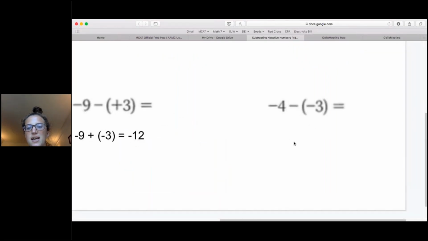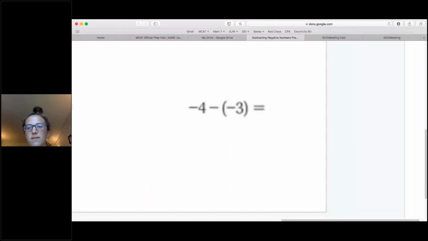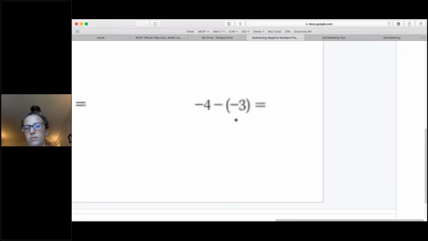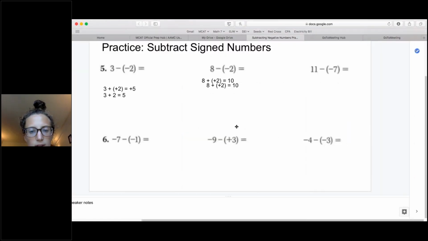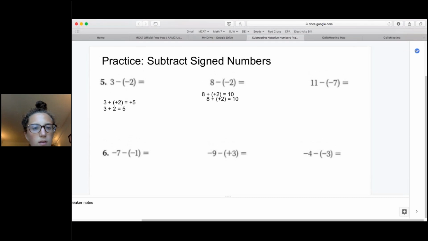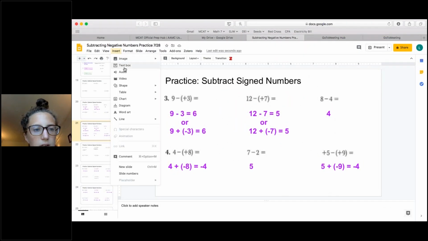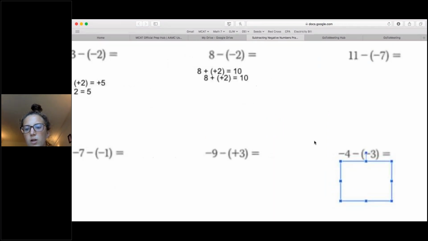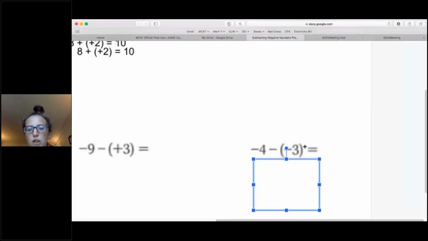And then here's your last test. One is negative 4 plus positive 3. Mm-hmm. So we did keep, change, flip.